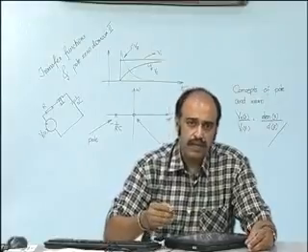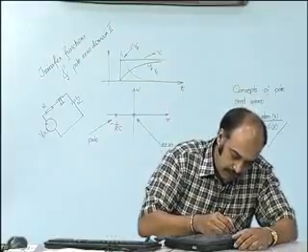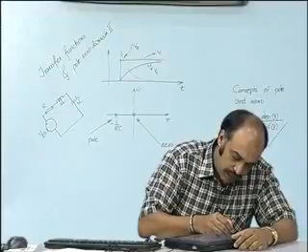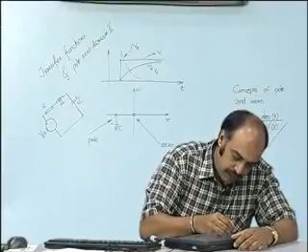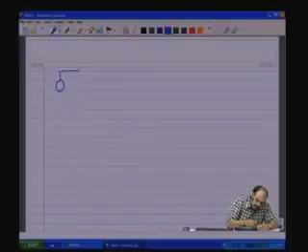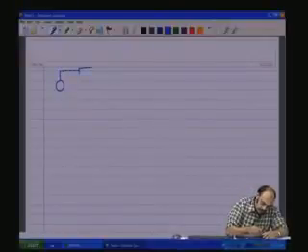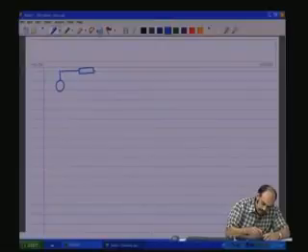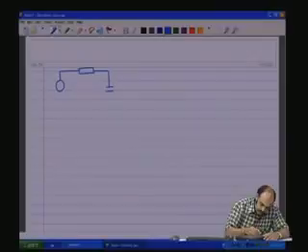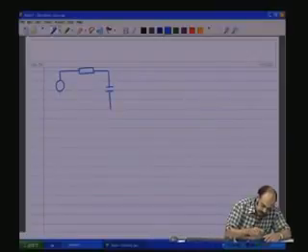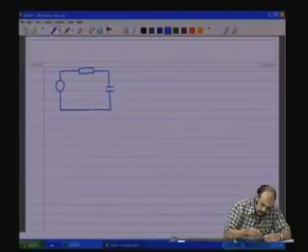We shall start with the simple circuit, which is the RC circuit, and then take up the RL circuit followed by the RLC circuit. So, this RC circuit, by now you are all familiar with this particular circuit and its state equation and also its transfer function equivalence.